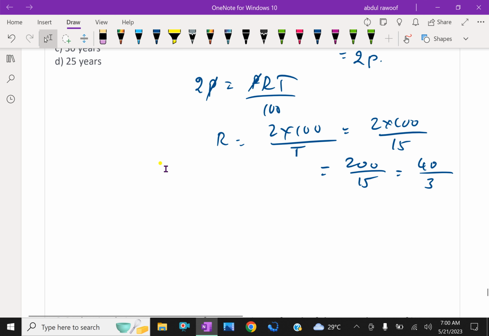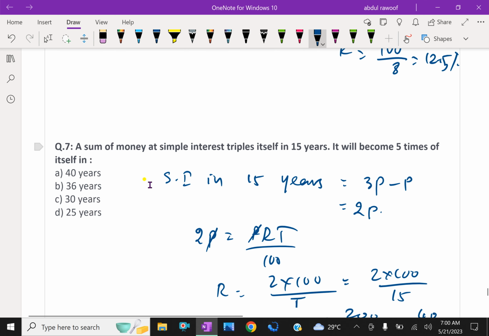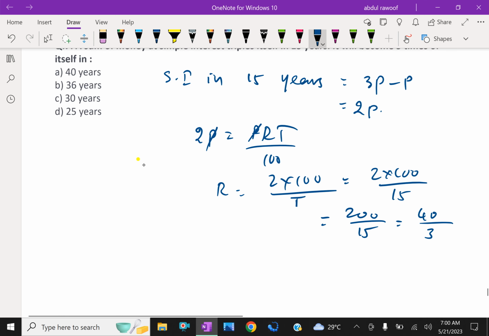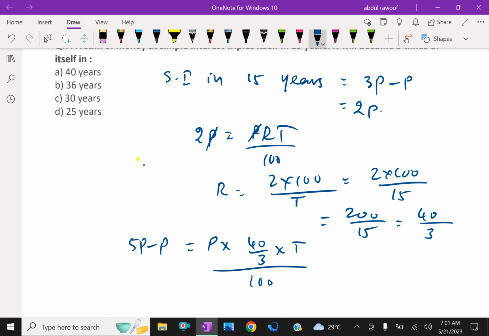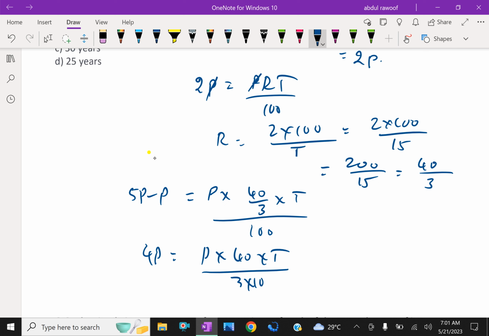Now the amount becomes 5 times the principal, that is, interest is 4P, because amount minus principal is interest, 5P minus P. So P, R is 40 by 3, time T, by 100, which gives 4P equal to P into 40 into T by 3 into 100.